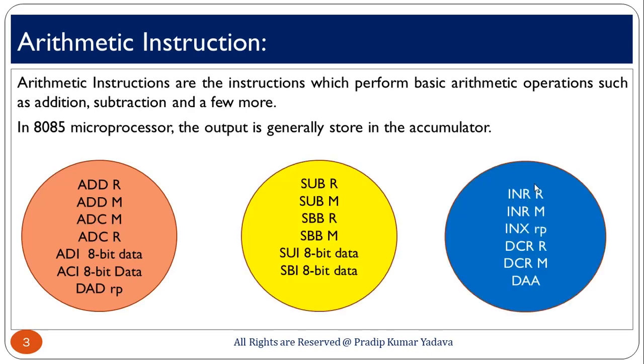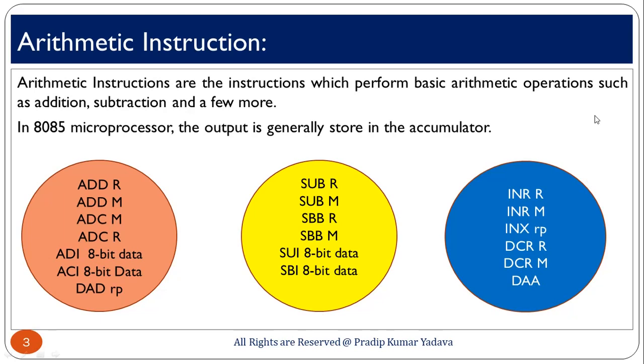In this video I am going to discuss each and every instruction. Here you can find this type of instruction used for addition, this for subtraction, and this for other purposes like increment, decrement and hexadecimal to decimal conversion. I am going to discuss each instruction one by one.